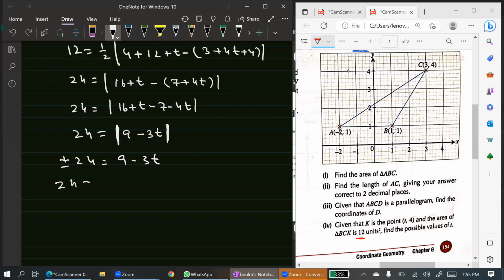Now 24 is equal to 9 minus 3t is one option, and the second option is minus 24 is equal to 9 minus 3t.